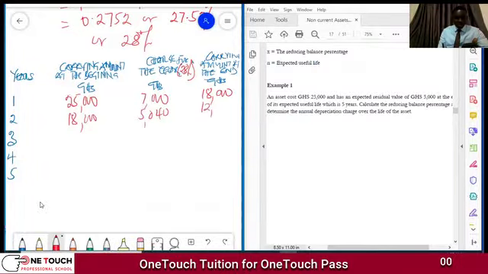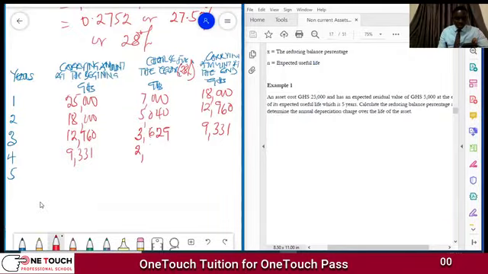That's 12,960. 12,960 times 28% is 3,629. So 12,960 minus 3,629. That is 9,331. So 9,331 times 28%.